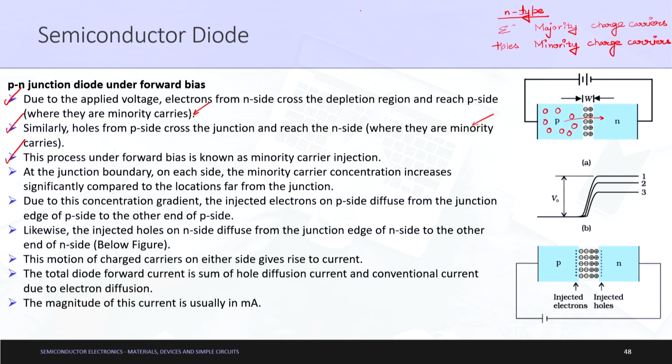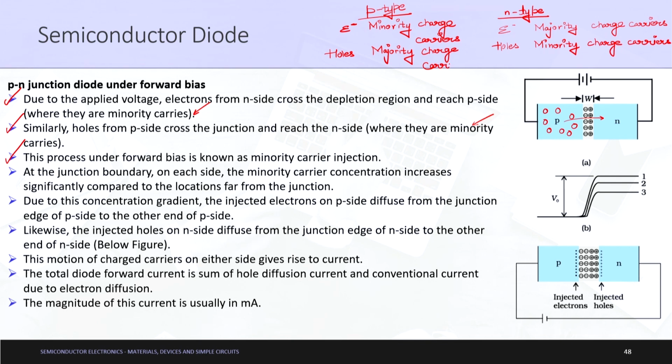For a P type, electrons are minority charge carriers and holes are majority charge carriers.